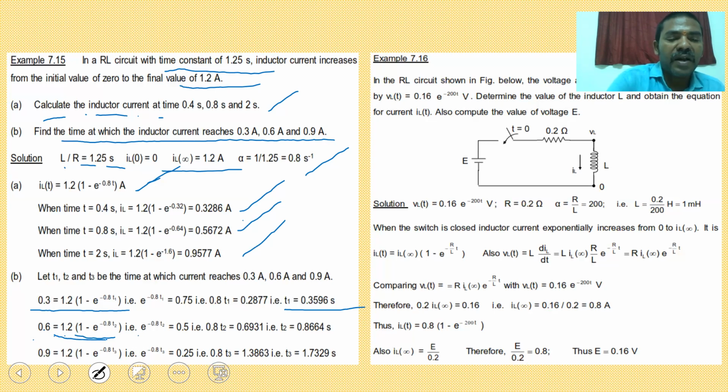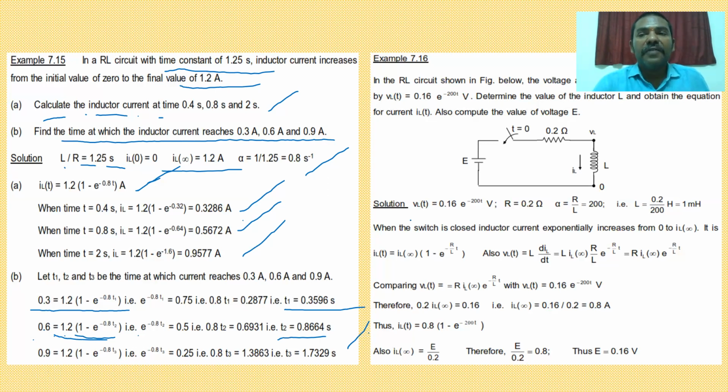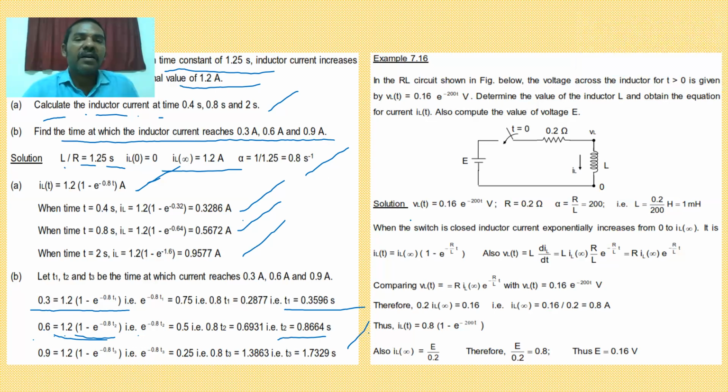Then finally you get the T2 value equal to 0.8664 seconds. For the last value, 0.9 is equal to 1.2 into 1 minus e power minus 0.8 T3, and the T3 value you get is 1.7329 seconds. So like this you have to calculate the different times for different currents. Are you understanding?